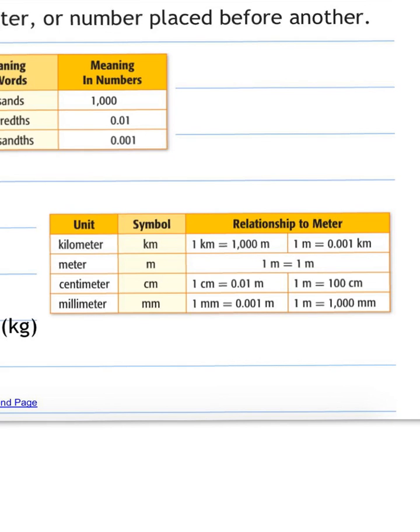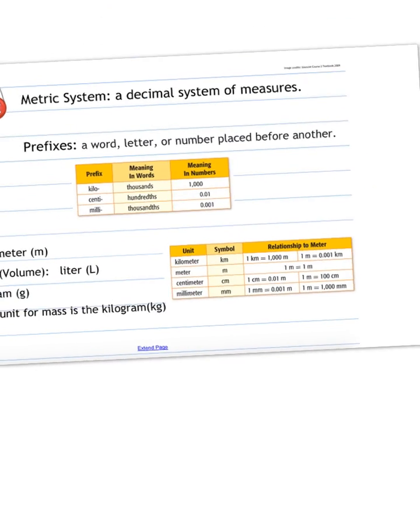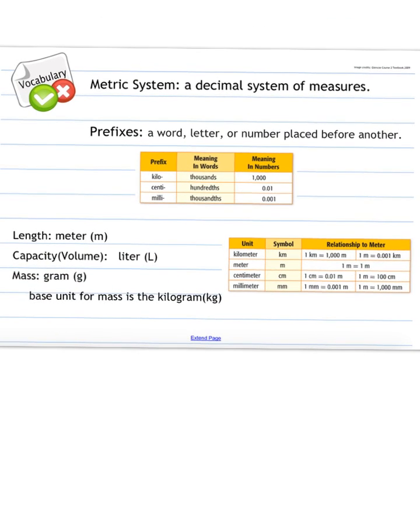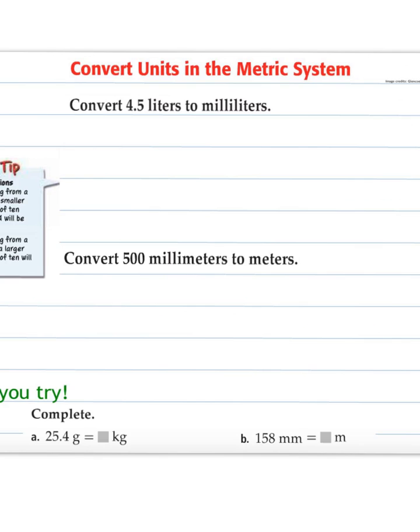For centimeter, or cm, 1 centimeter equals 1/100th of a meter, and 1 meter equals 100 centimeters. Millimeter, shown with mm. 1 millimeter equals 1,000th of a meter, and 1 meter equals 1,000 millimeters. So all important stuff here that we should make sure we have written down.